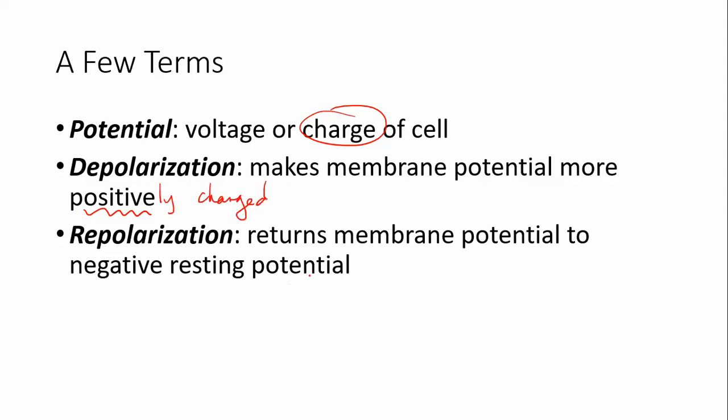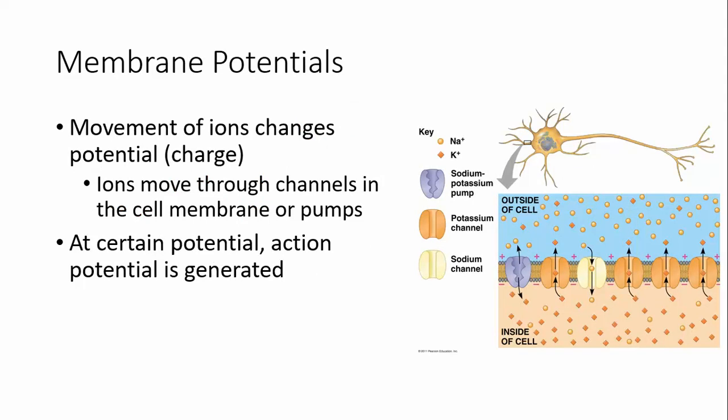And then to return back to a negative charge, a cell becomes repolarized. So, this membrane charge is going to be created by concentrations of ions, and it's going to be changed by moving those ions around.